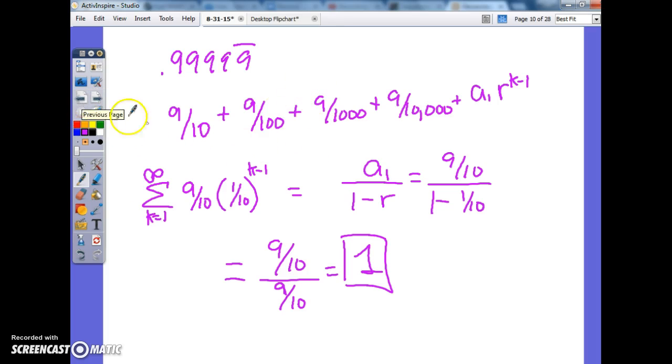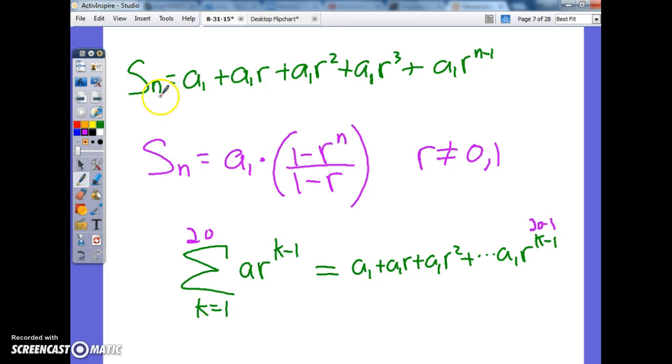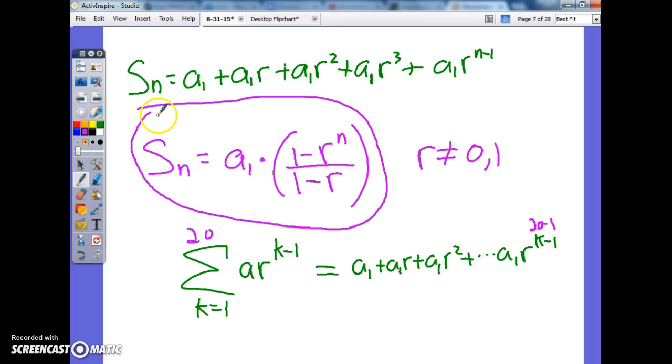So we've got this formula here. This will be the sum of an infinite sequence, infinite terms, if the absolute value of the common ratio is less than 1, a fraction. And we've got this, which will be the sum that we're going to use for a finite sequence, like 20, 30 terms: the first term times 1 minus r to whatever you want, 30, 40, 50, 100, over 1 minus r. r can't be 0 or 1.